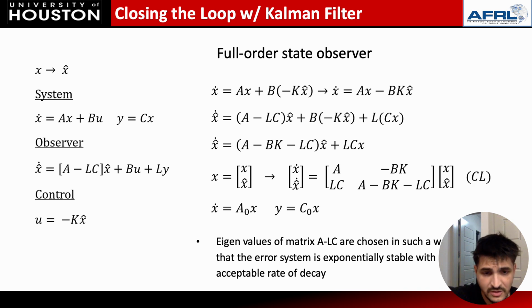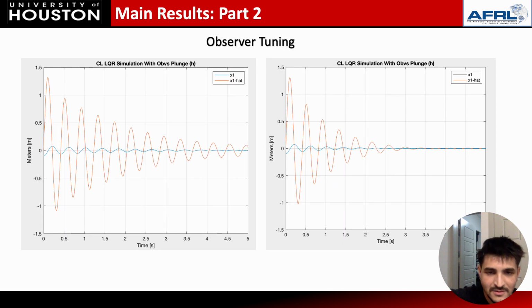You can see the control law is going to be again u equal to negative K x hat. So this is going to be the observer results for the LQE, where on the left you can see how without tuning the system, it just oscillates repeatedly until past the 5 seconds for the simulation that's run.